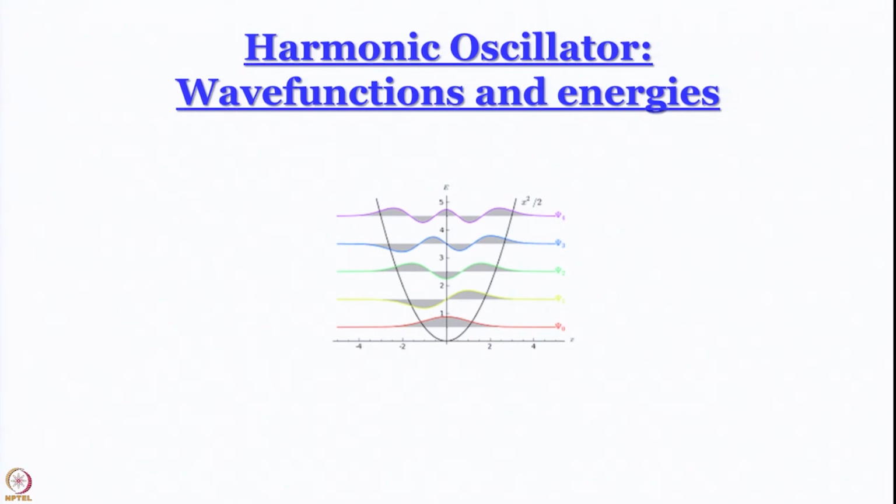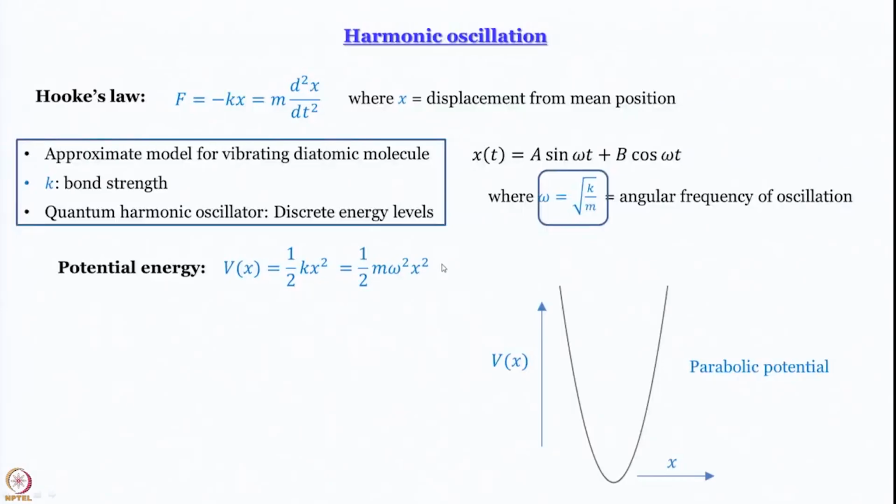Today let us go ahead and see how one can arrive at the expression of the energies and at least one of the wave functions. But before that, let us do a brief recap of what we have studied in the last couple of modules. We have said that harmonic oscillators are those which obey Hooke's law.